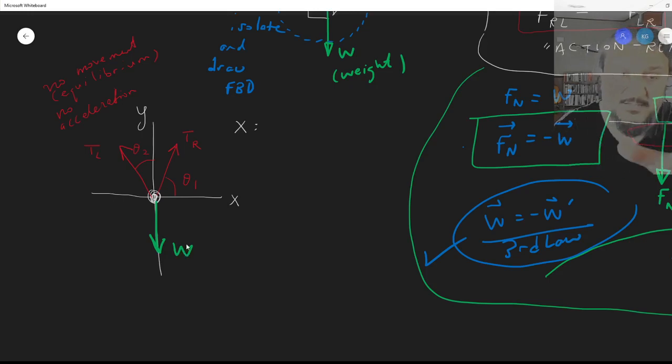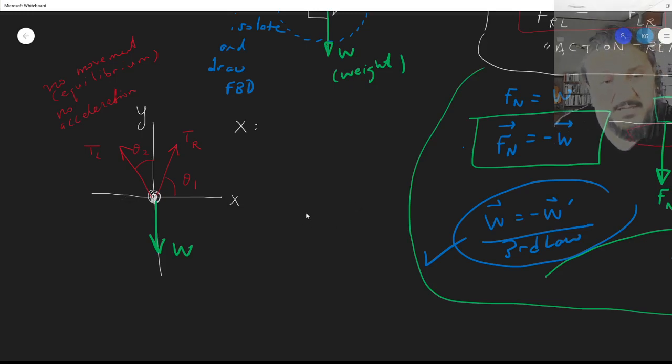Again, if you're lost here, please watch the vectors video part 2. So W, weight, does not have any x component because it lies in the negative y direction. But TR and TL, they do have components in the x direction. Namely, TR has a positive x component, TL has a negative x component.